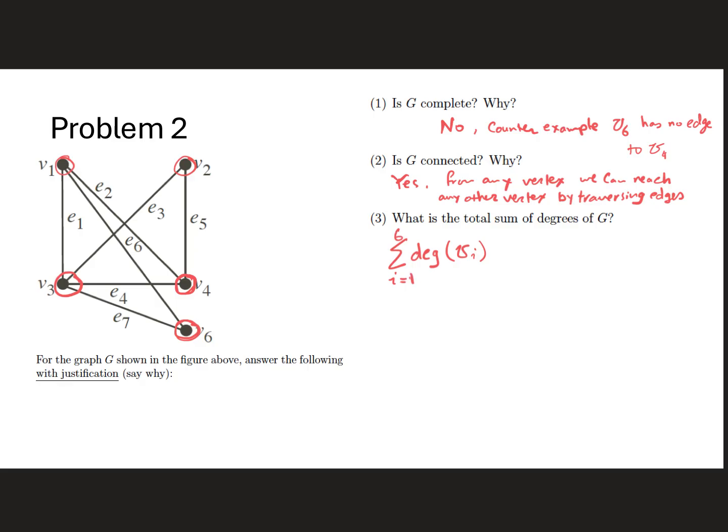The sum of the degrees of the different vertices, we found it to be 14, right?